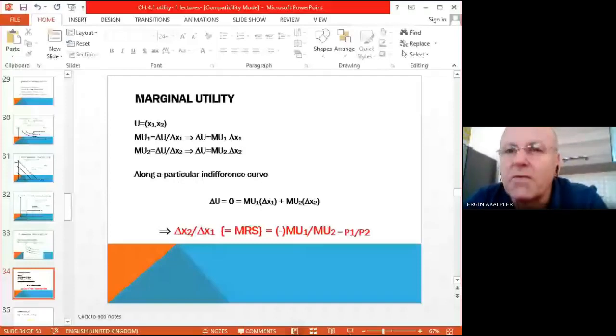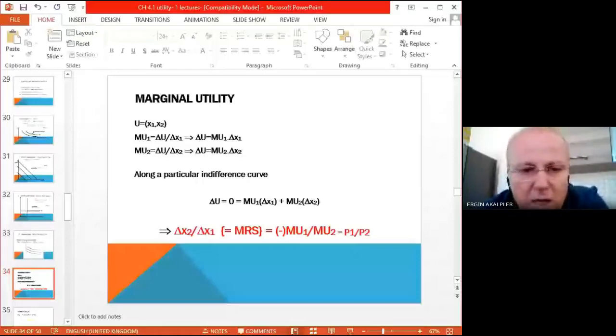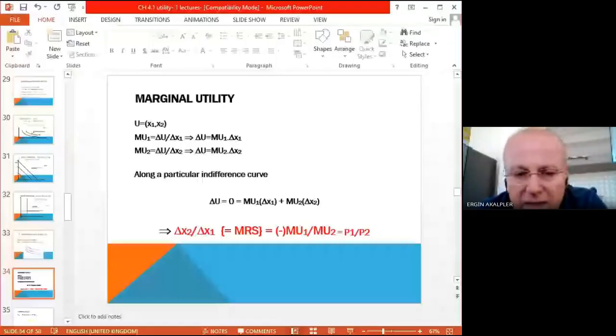Therefore, marginal utility 1 multiplied by delta x1 plus marginal utility 2 multiplied by delta x2 should be 0.